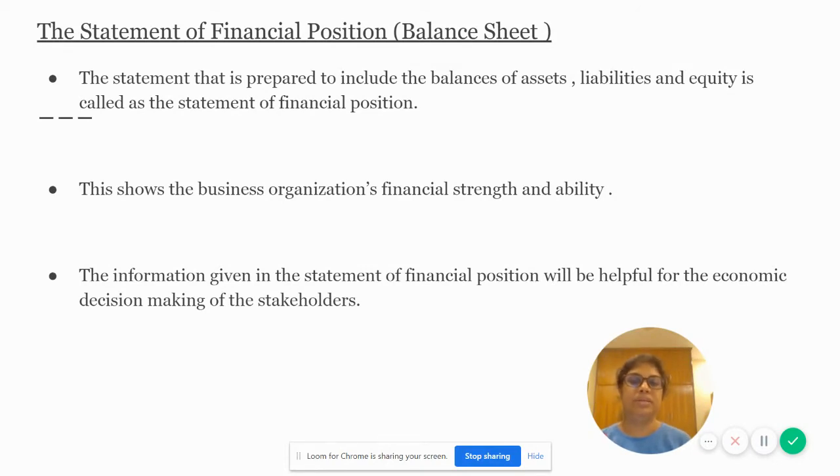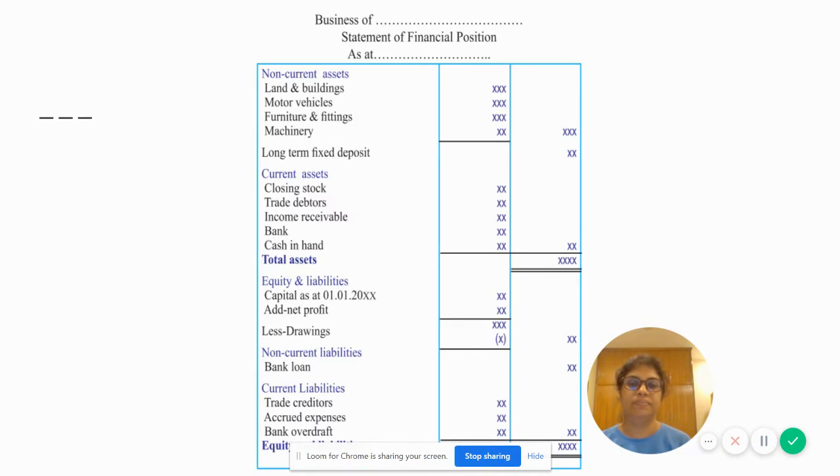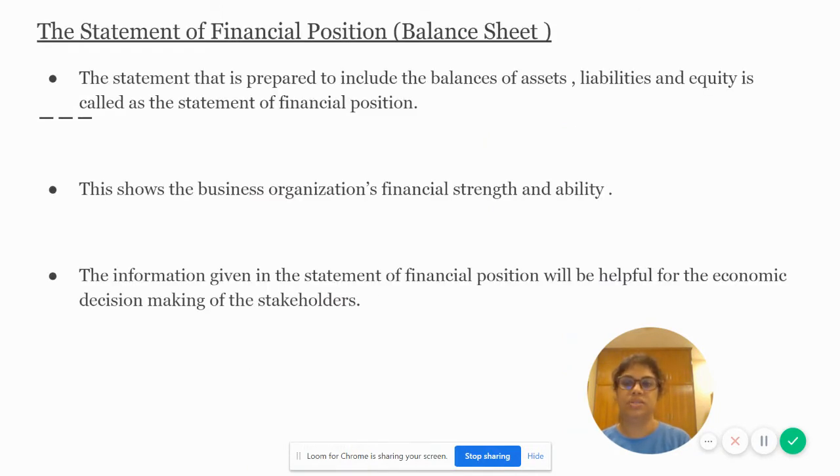Then the information given in the statement of financial position will be helpful for the economic decision making of the stakeholders. As you all are aware, the parties who are interested in a business, the stakeholders, are paying special attention towards the two financial statements prepared by a business.